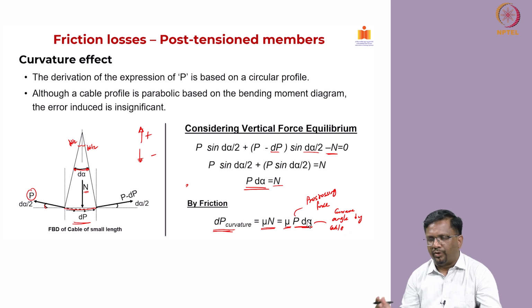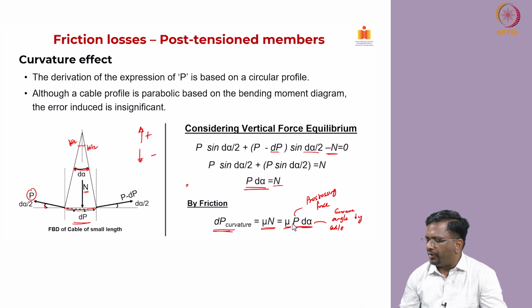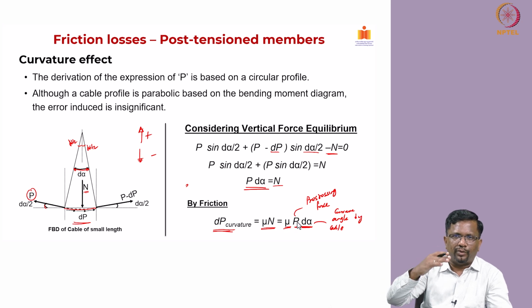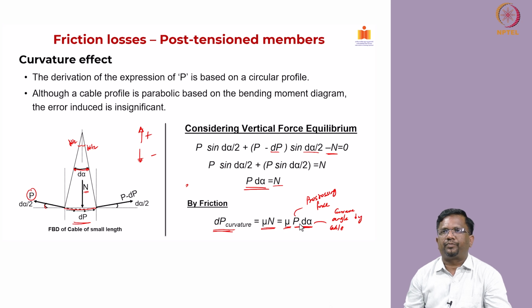Okay. So, if I know between the two segments what the curvature change is, and the initial pre-stressing force, and the coefficient of friction between the two interfaces, then I can calculate my friction losses, mu into N, which is nothing but mu into P dα, right.